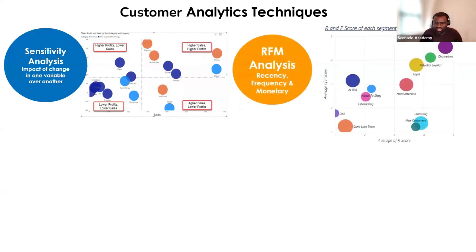Another one is the RFM analysis that simply helps the business to segment their customers based on how recently the customer made a purchase, how frequently they made a purchase, and also the amount of purchases they've made over a certain period of time. And then it helps them to segment their customers into different RFM segments, and then they can channel customized or personalized communication to those customers, right?